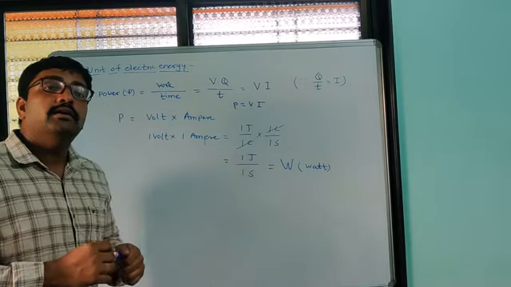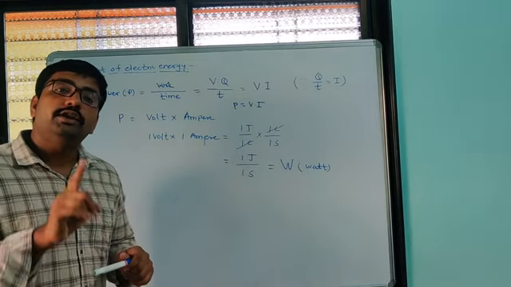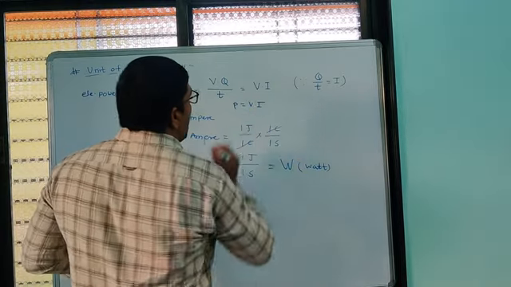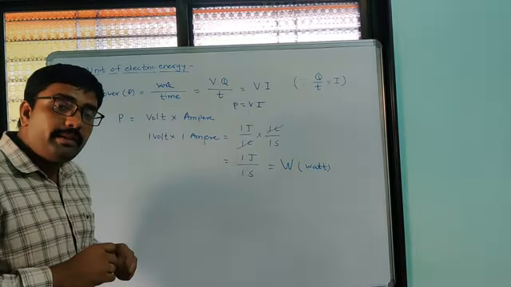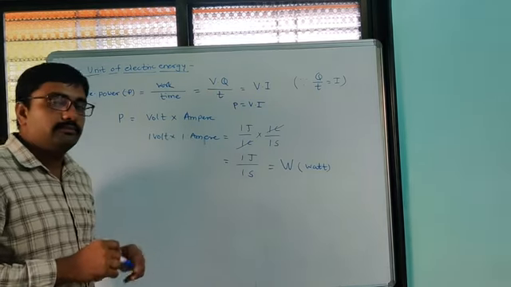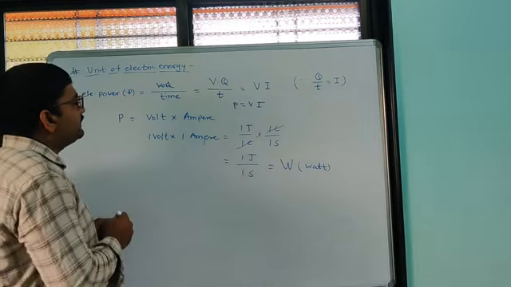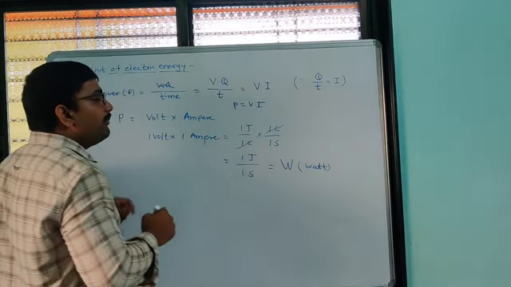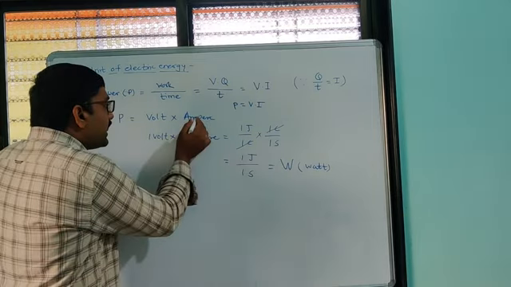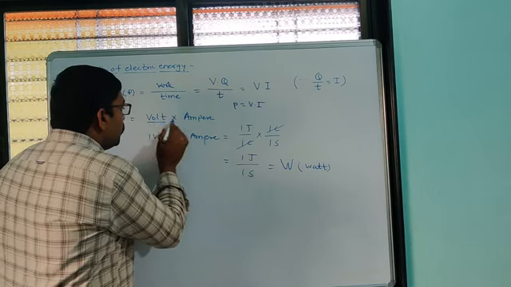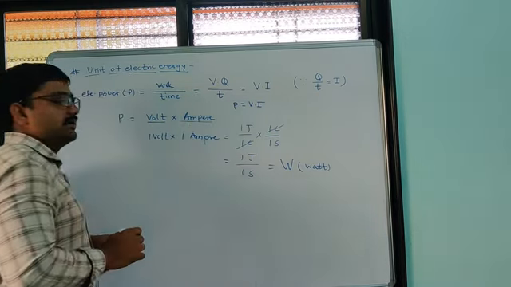We measure potential difference in unit volt. Then second is I. I is what? Current. We measure electric current in unit ampere. So this power is equal to V into I, means their units are volt and ampere. Then we can say that P is equal to volt into ampere.